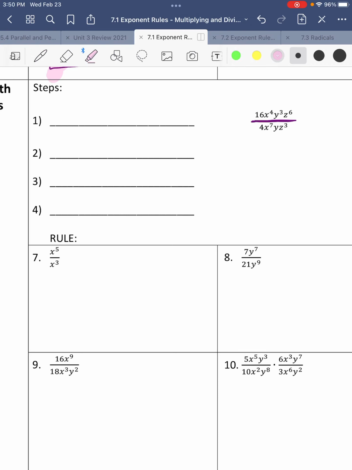First step is to divide your coefficients. Also, this is also like simplifying the fraction, because it really is a fraction.